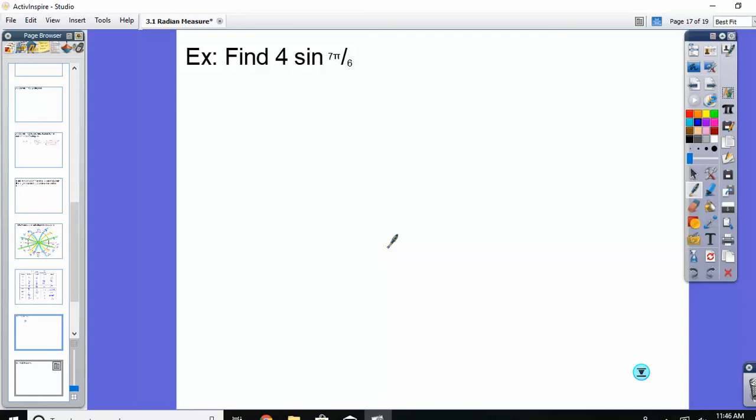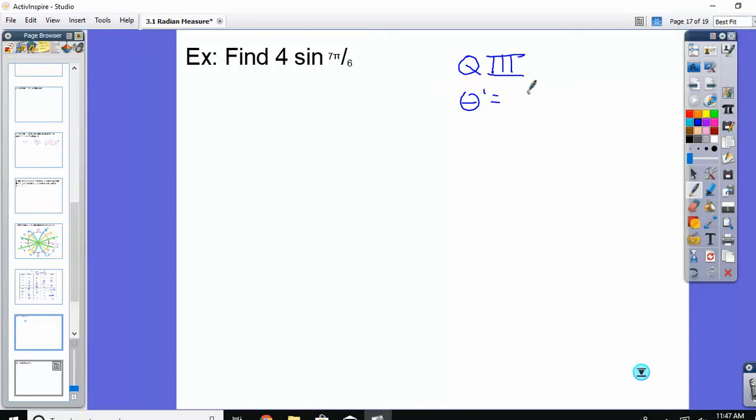Okay, 4 times the sine of 7 pi over 6. Okay, we have to write down the quadrants and reference angles, just like we did on the test. 7 pi over 6. In which quadrant was the numerator 1 more? Quadrant 3. Okay, and the first quadrant is always just a 1, second quadrant 1 less, third quadrant 1 more. Reference angles with these are really easy because remember, all of our reference angles, the denominators never change.